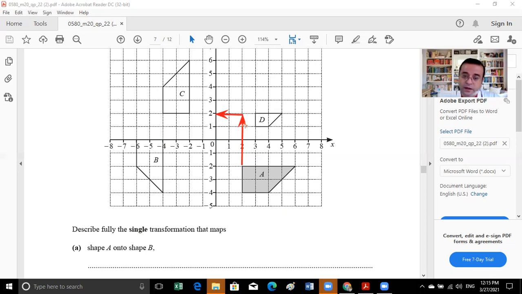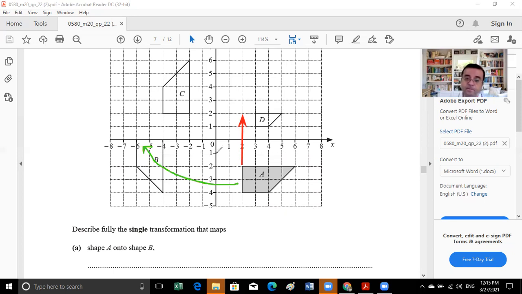ignore everything. How do you rotate this line according to this point? 90 degrees. How do you rotate it? Because this side here becomes this side, correct?